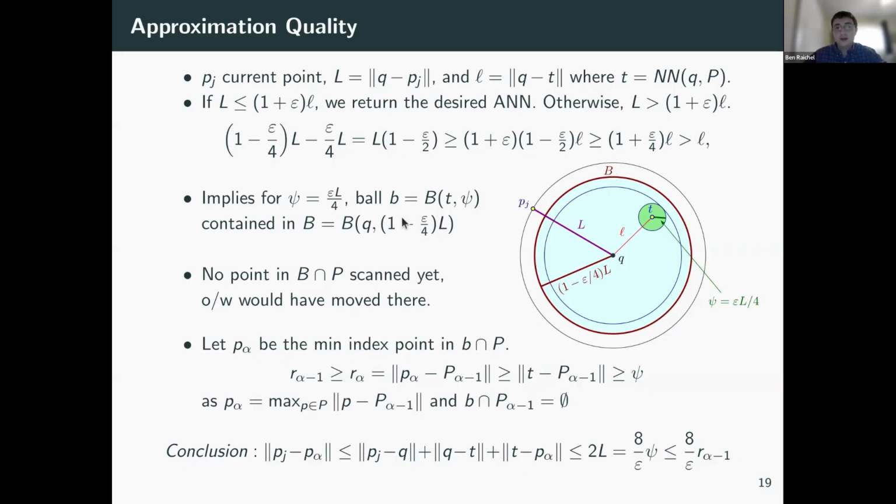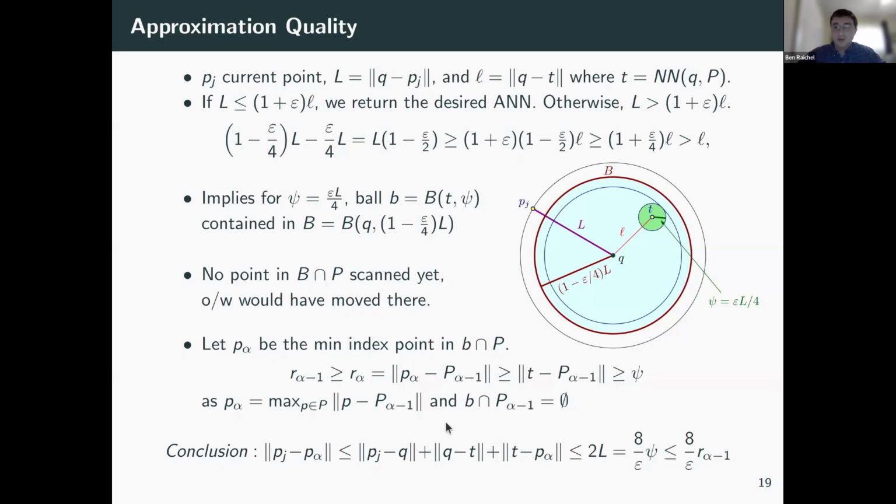Pj minus q, that is exactly capital L, and q to t and t to P alpha, that's q to t and t to something in this ball, which is going to be inside the bigger one. So these two terms are also less than L, so together they're less than 2L. And for 2L, there's an exact expression relating L and psi, and I just argued that psi is less than R alpha minus 1.